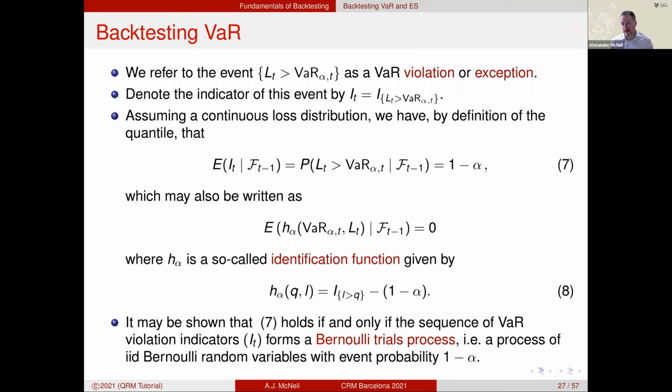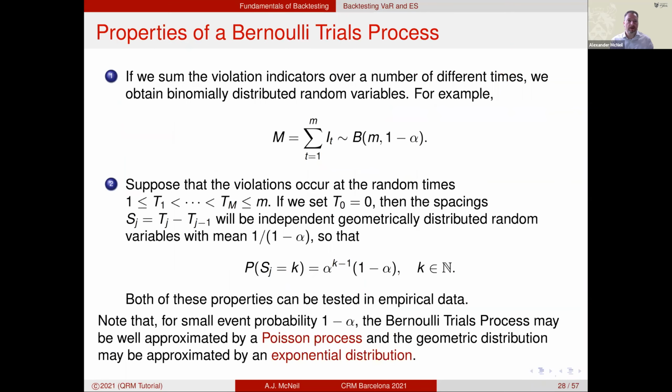And that's the basic idea of backtesting. So here are the two testable properties of a Bernoulli trials process. If we sum the violation indicators over time, then we get a binomial random variable, because independent, identically distributed Bernoulli variables, when added together, give a binomial random variable.